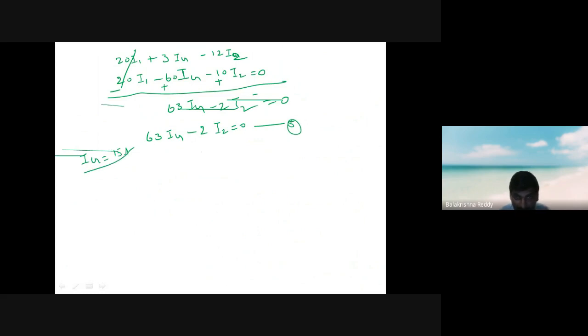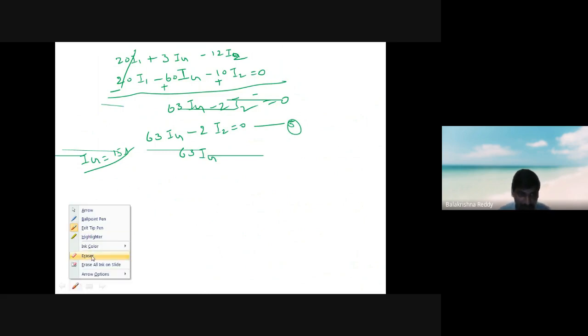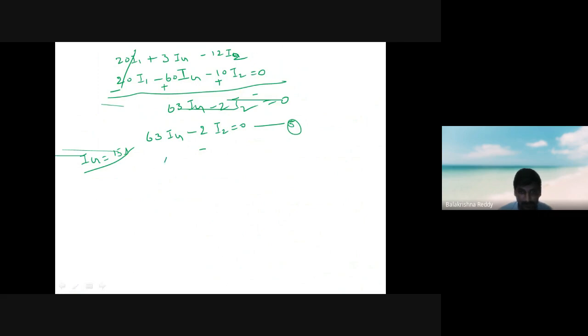Okay, we'll think: 63 Ig equal to, what can we write? 63 by 2 is I2 equal to, it gives us 32.5.